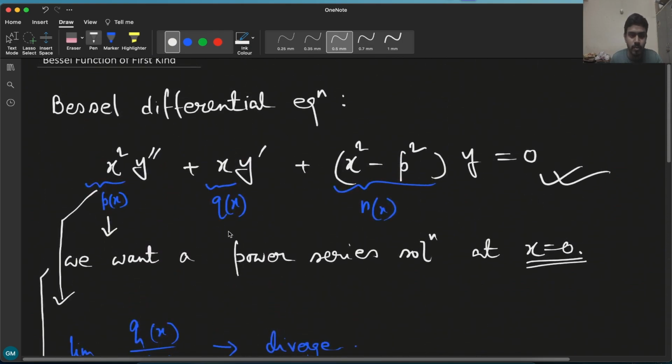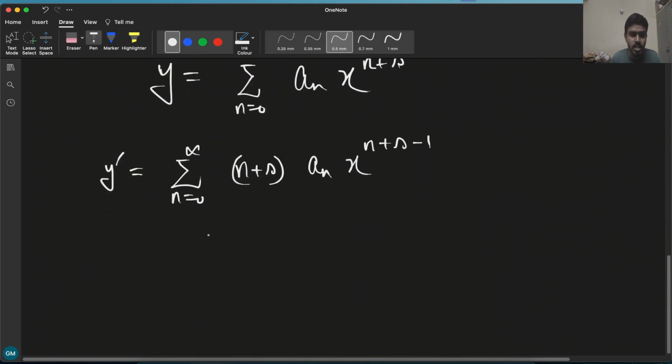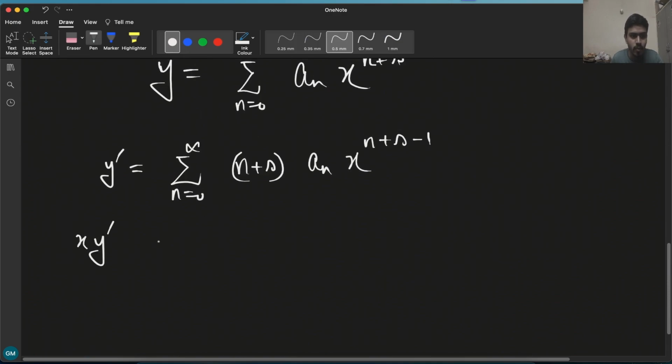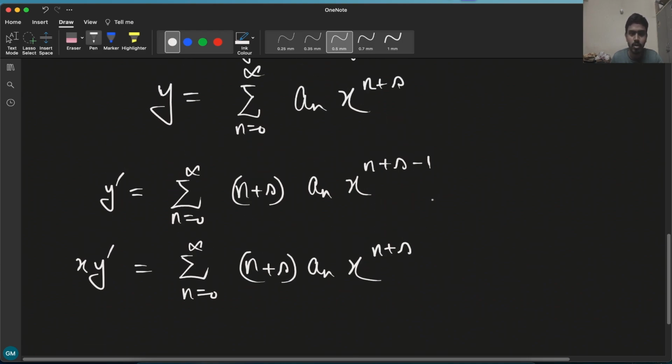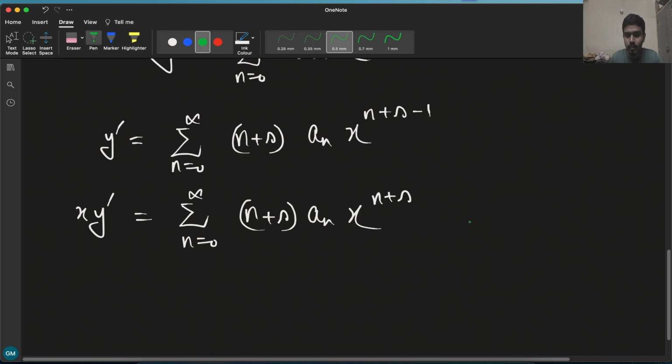And this term, the second term, is nothing but x y dash. So x y dash will be sum over n equals to 0 to infinity of (n plus s) a n x to the power n plus s. So this is the second term of the differential equation.